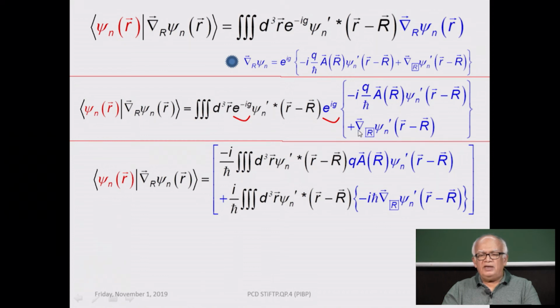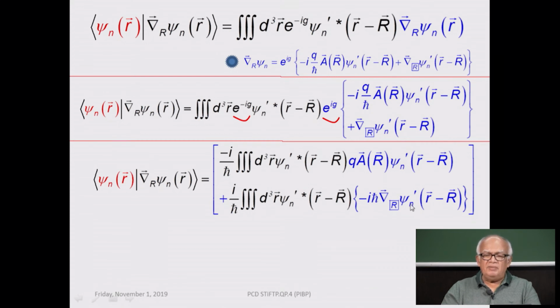And then in the second term, I multiplied this by minus i h cross and divided by minus i h cross. Okay. In the second term, I multiply this gradient with minus i h cross so that it looks like the momentum operator, okay, because minus i h cross gradient is the momentum operator. But having done so, I need to undo it by dividing it by minus i h cross. So multiplication by plus i over h cross is the same as division by minus i h cross.